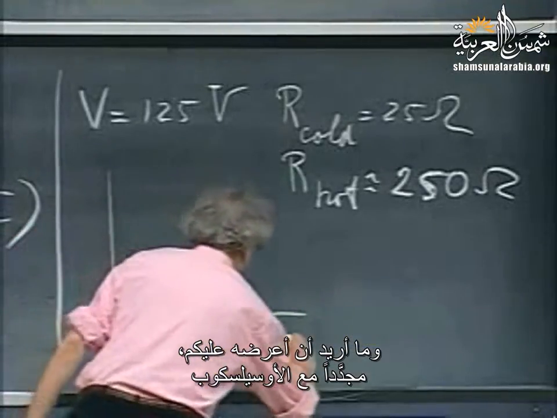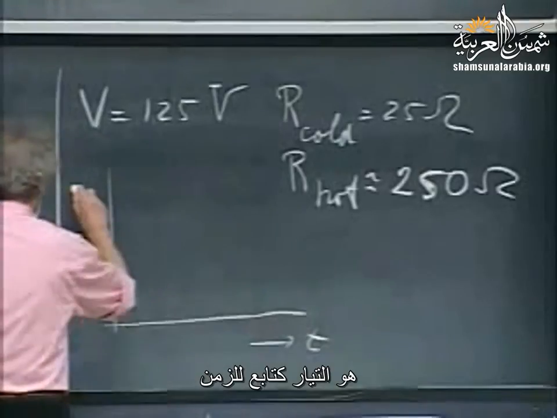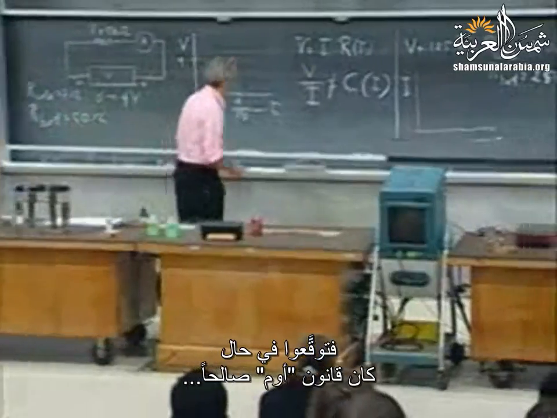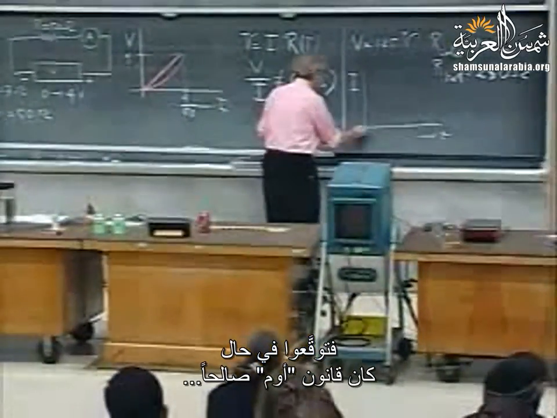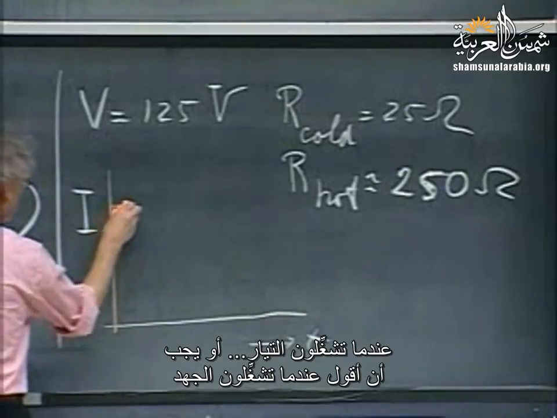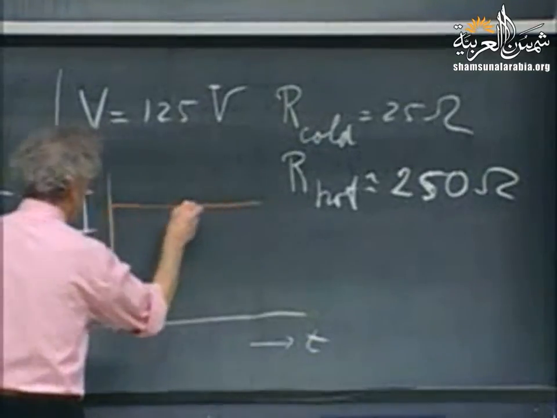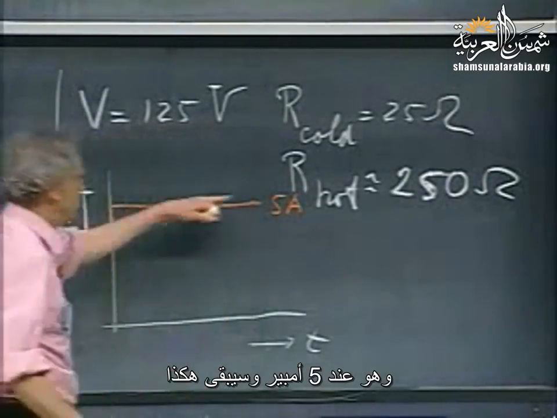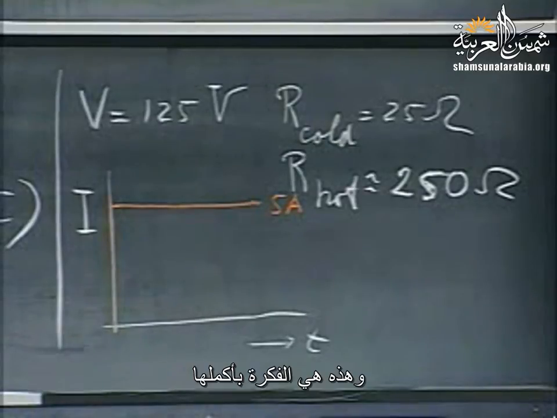And what I want to show you, again with the oscilloscope, is the current as a function of time. When you switch on a light bulb, you would expect, if Ohm's law holds, that when you switch on the current, or you switch on the voltage, I should say, that you see this. This is then your 5 amperes. And that it would stay there. That's the whole idea.